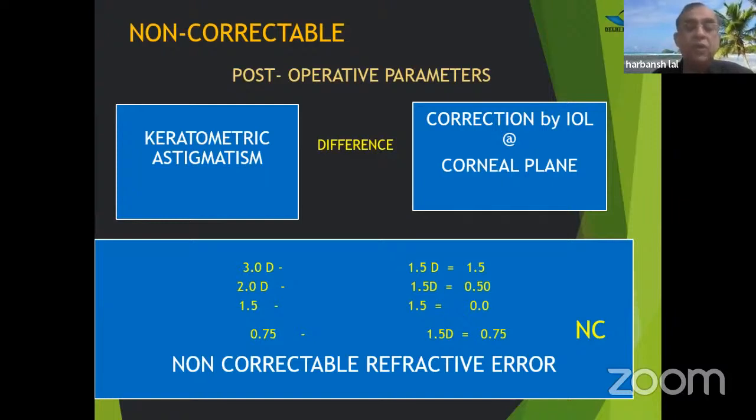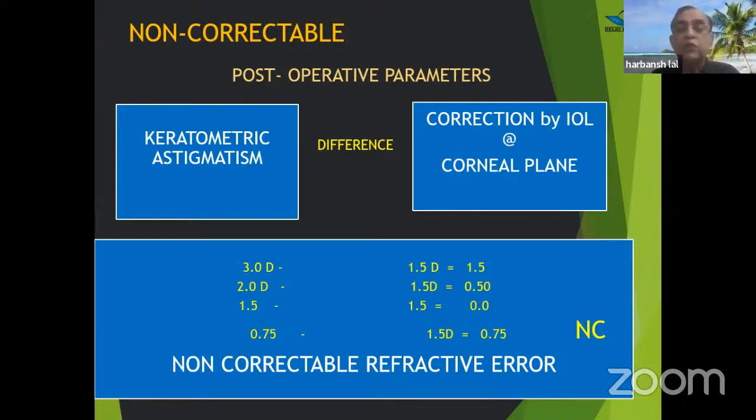On the other hand, if the corneal astigmatism is 2 and the lens can correct 1.5, that means 0.5 cannot be corrected. And if the corneal astigmatism is 1.5 and the lens can correct 1.5, that means full correction is possible if the lens is well aligned. If the corneal astigmatism is 0.75 and the lens is 1.5, that means 0.75 cannot be corrected.